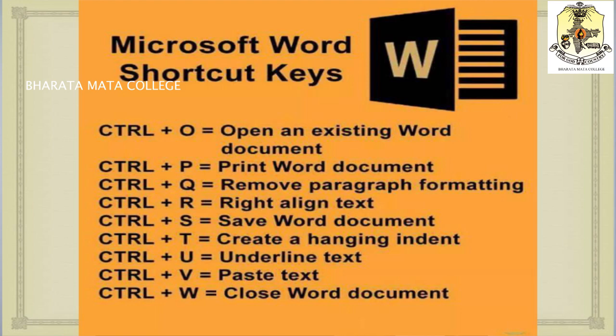Very easily we can press Control S, and the document will be saved. Then Control U for underlining a text. Please remember, first we have to select the text which we want to underline, then only it will be underlined. That means how we can select the text from the first point of the text to the last point of the text.